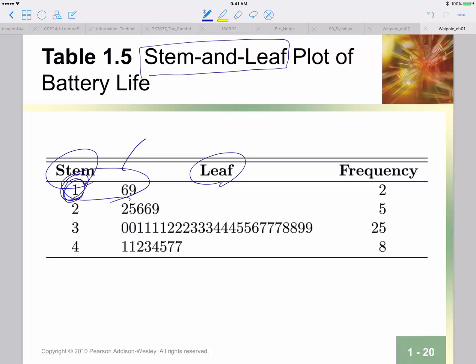Okay, so in this case, it means we have 1.6 and 1.9, and no other data that starts with 1 something. Okay, so that way we can collect those data that start with 1 point and 2 point and so on.